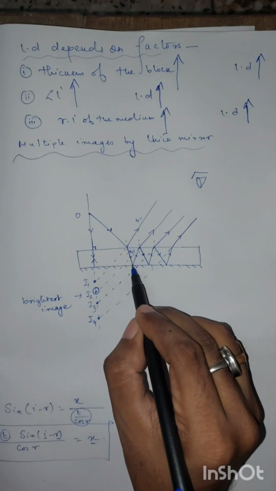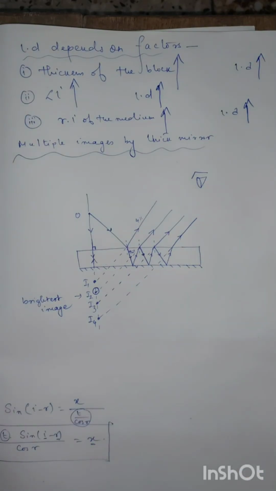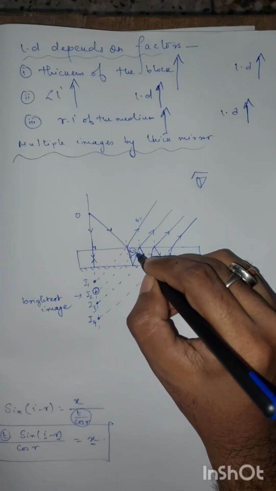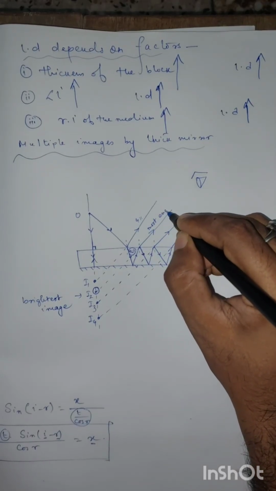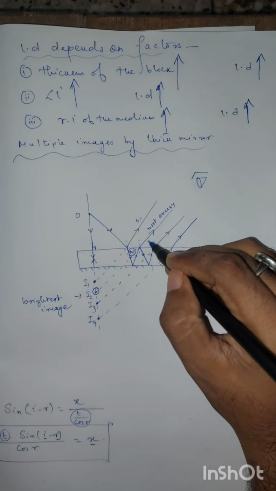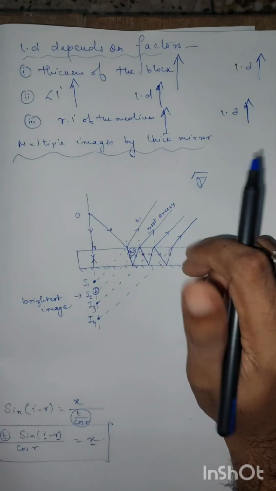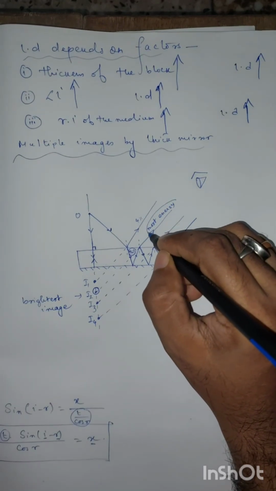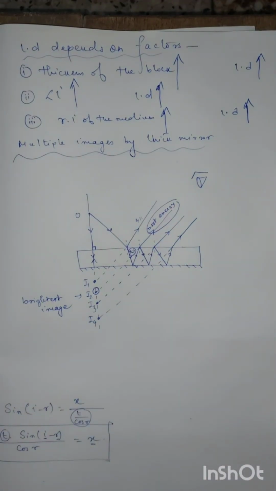This ray, after striking the second surface, gets reflected, and most of this 96% energy gets refracted, and a small part of this energy gets reflected. So the intensity of the second image is the most.